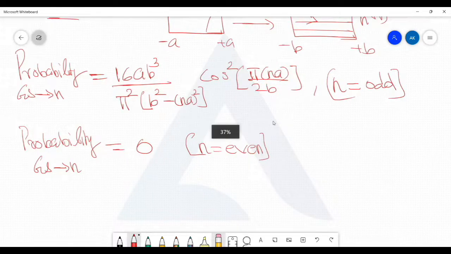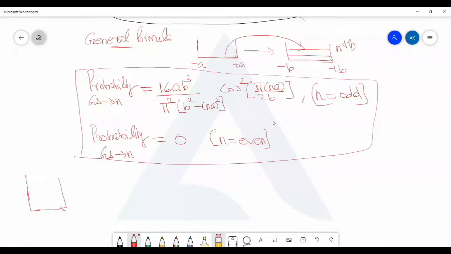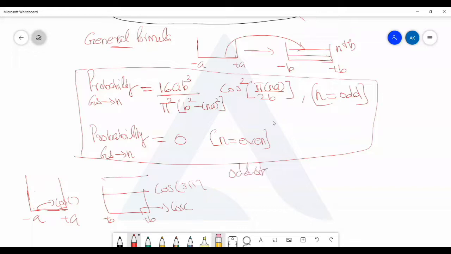Let me draw the box again. This is minus a to plus a. This is minus b to plus b. The ground state is cos. Here also the ground state is cos. And all odd states are cos, like cos 3 pi something.